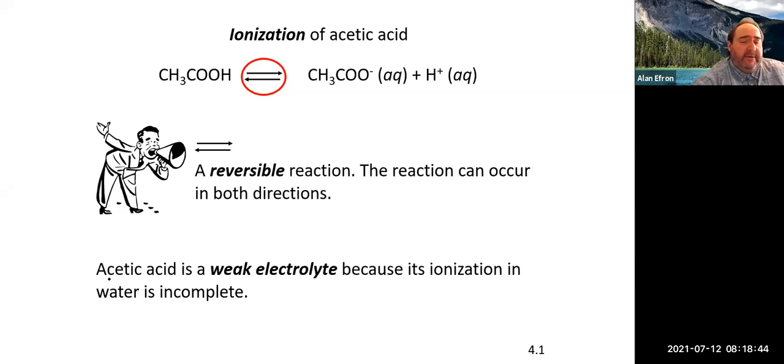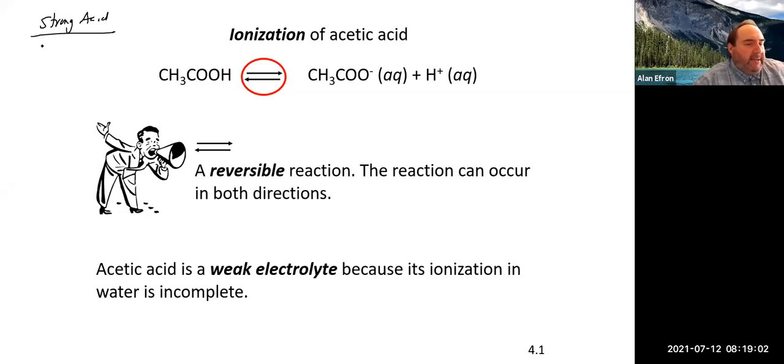So for example, I think we'll see it here in a slide, but just in case, there are some strong acids, and I think we might have talked about it, but we'll double check here.